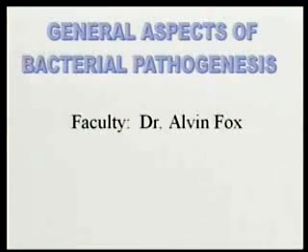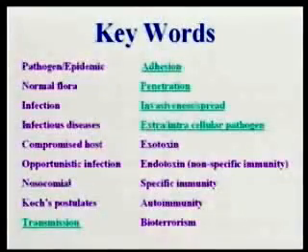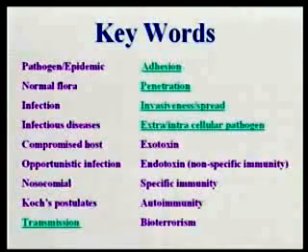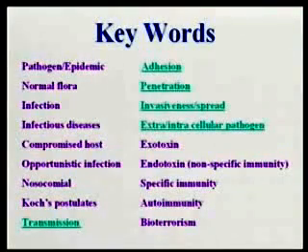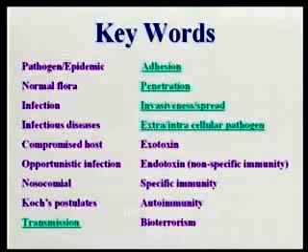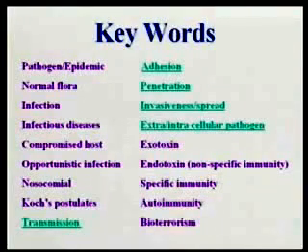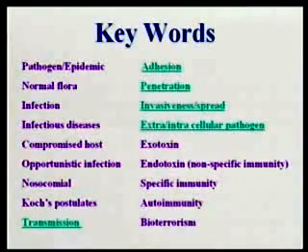Okay, so let's get into pathogenesis. First of all, there's the general aspects of bacterial pathogenesis. That's what we're going to be doing. This is broken down into 3 sections today, really. First of all, general terms that relate to just the language that we use in medical microbiology and infectious diseases.